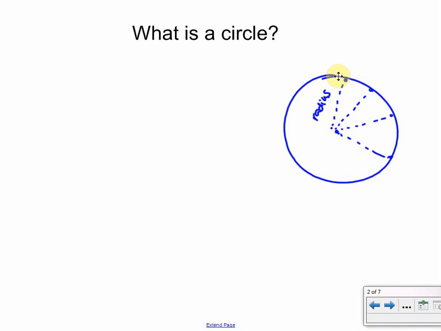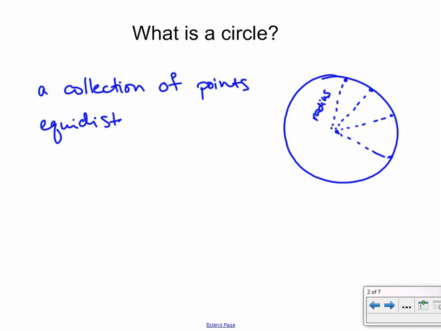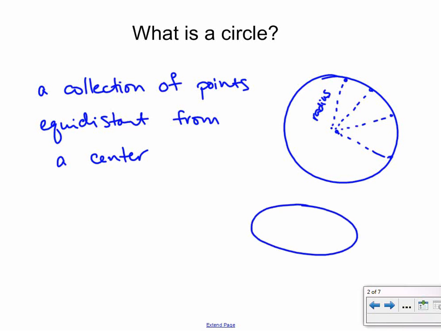So in a circle, all of the points on it have to be equidistant from the center. So the definition of a circle is a collection of points equidistant from a center. Remember, equidistant means the same distance. This is the difference between a circle and, say, an ellipse or an oval.